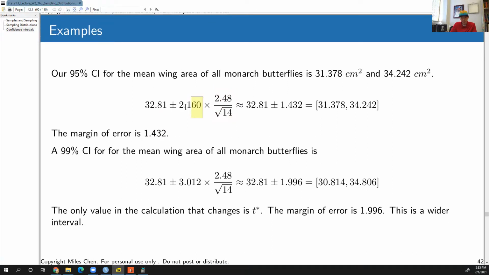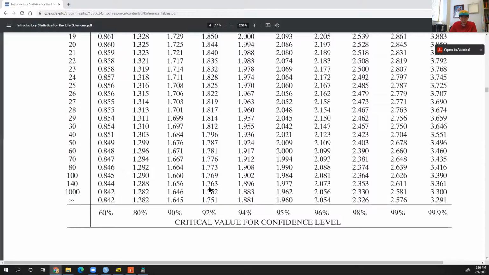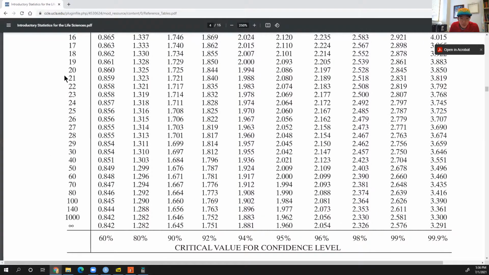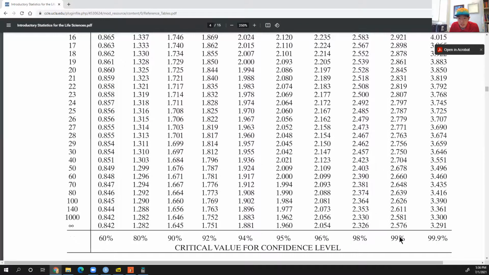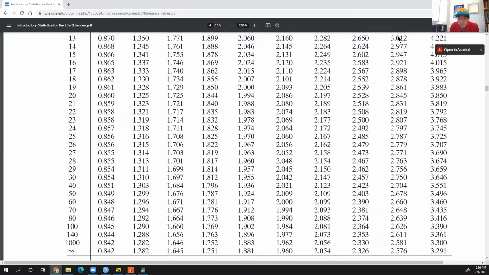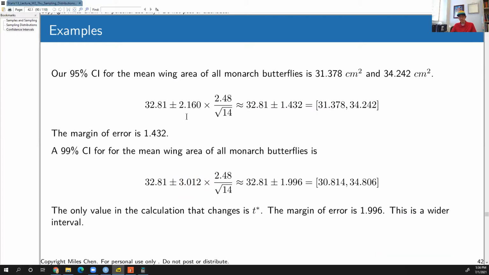The only thing that changes is that to go from 95% to 99%, I go from 2.16 to 3.012. So here is 95% at 13 degrees of freedom, my number is 2.16, and for 99% at 13 degrees of freedom, the number is 3.012. That's the only thing that changes.